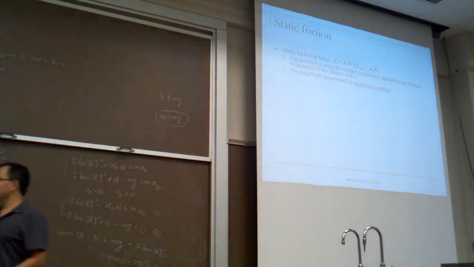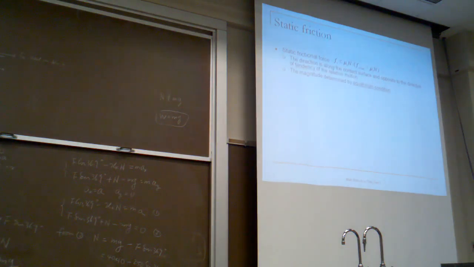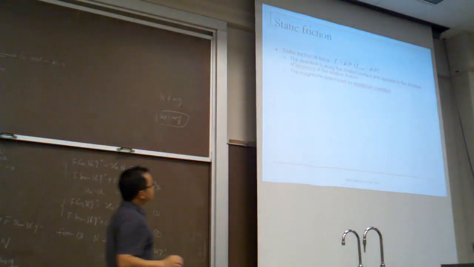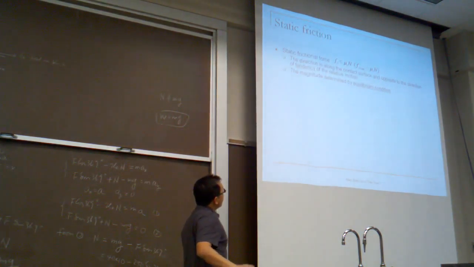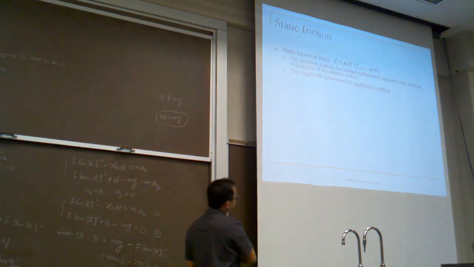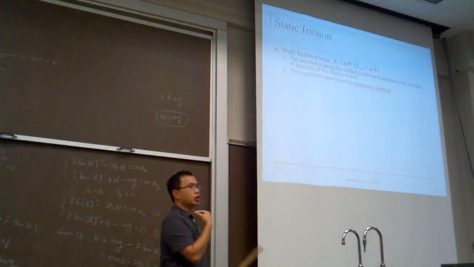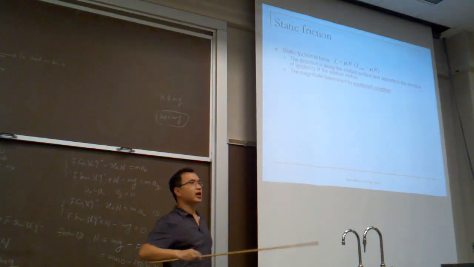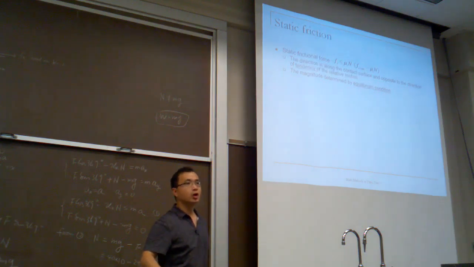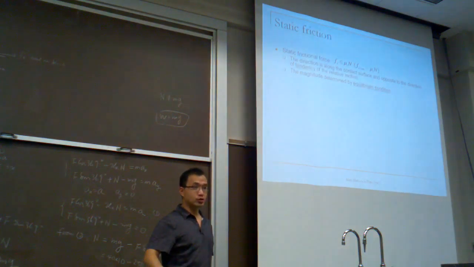Another thing that complicates the situation for static friction is the direction. For static friction, the direction of the frictional force is along the contact surface, opposite to the tendency of motion when there is no frictional force.